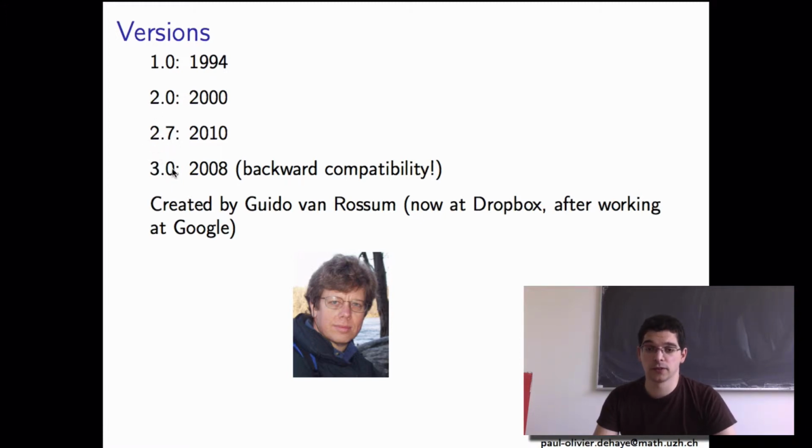So 3.0 and later 3 point something versions are incompatible with 2 point something. It's a slight incompatibility, but still it's annoying. So it's just annoying because your code that works for Python 2.x will not work for Python 3.x right away.